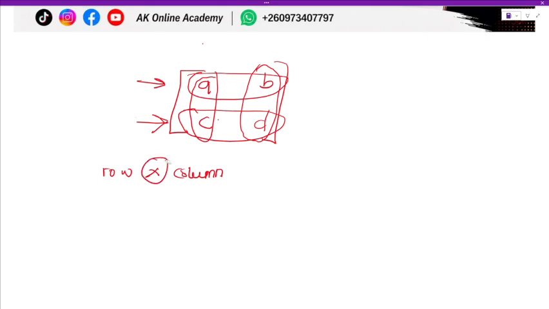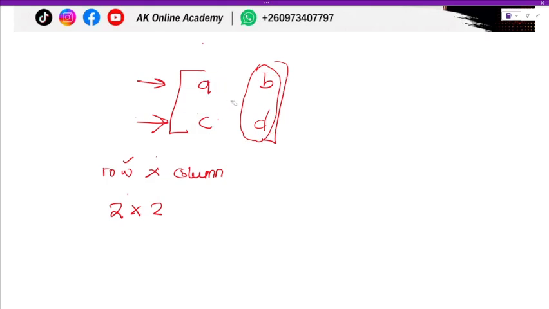This is pronounced as by and not times. So this one here is a 2 by 2 because it has 2 rows and 2 columns. That's why we refer to it as a 2 by 2 matrix.